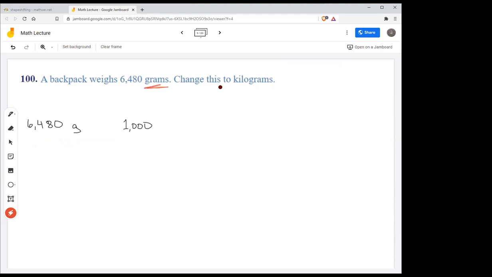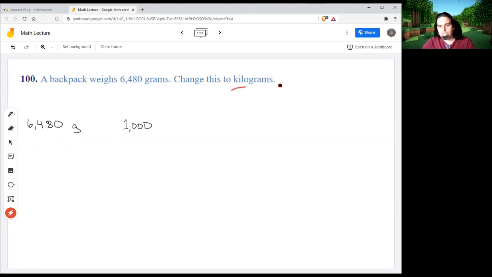Dividing. The grams are the small thing we're starting with. They're like a factor of kilograms. Factor reminds us of division. Divided by 1,000 was 3 decimal scoots. So we get 6.48 kilograms. I could even put the 0 here if I wanted. I am not bragging. I really did have that much accuracy because I measured it to the grams. But if you leave out the 0, that's fine too.